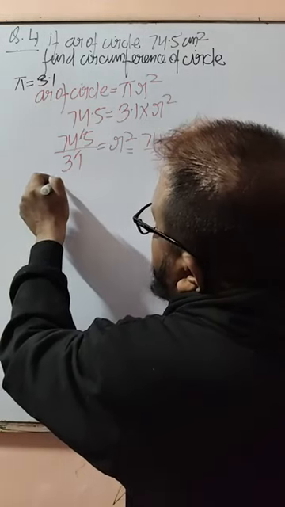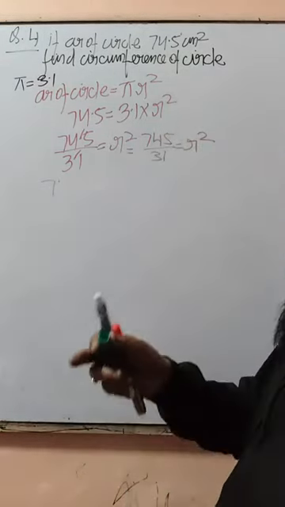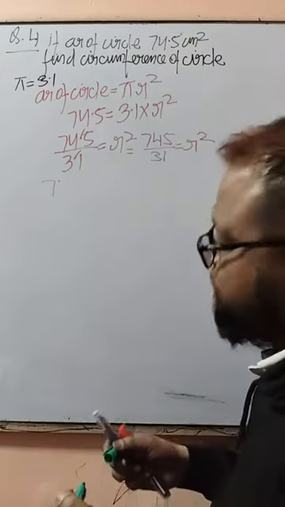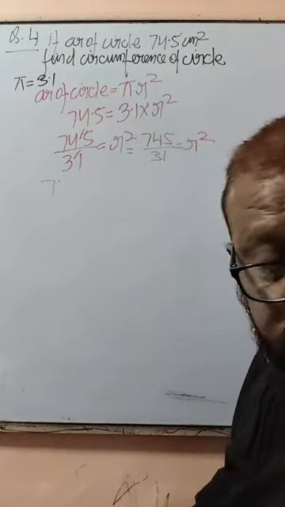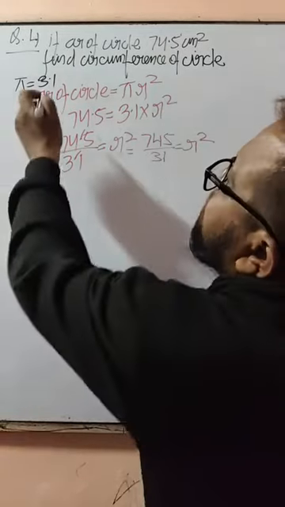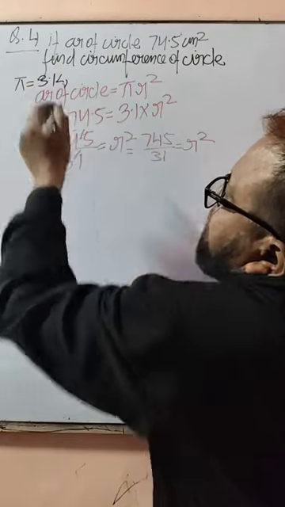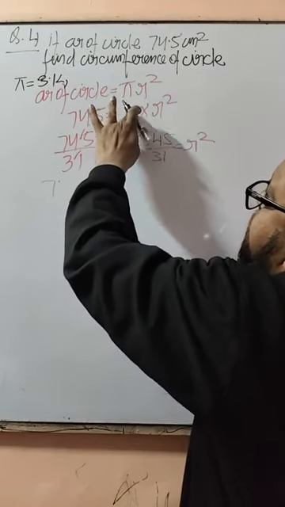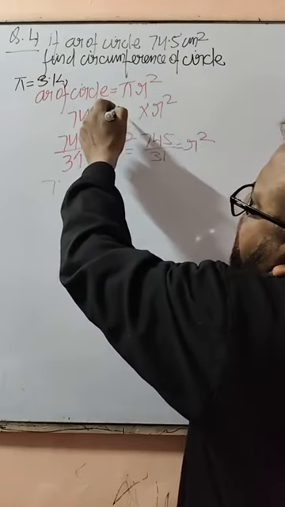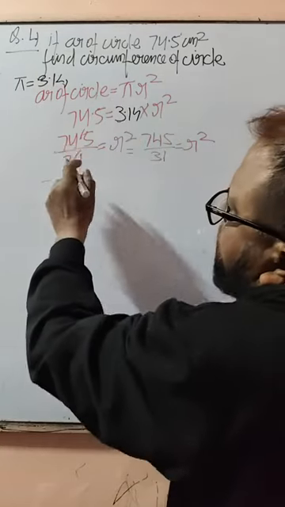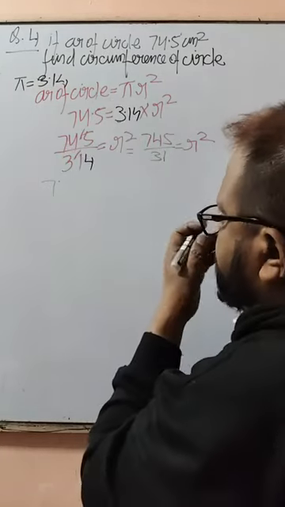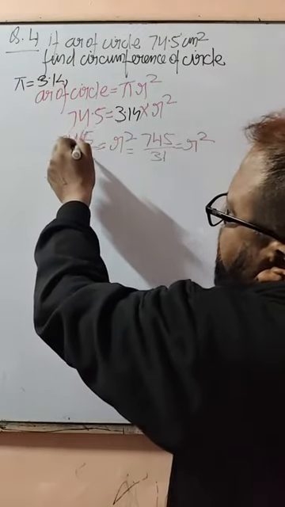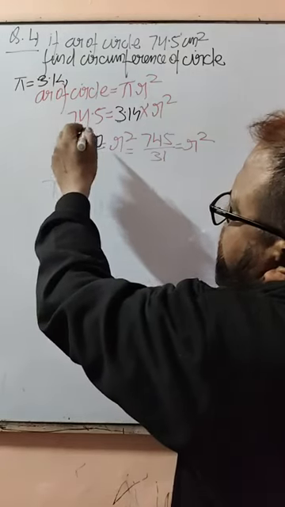Sir, you said 3.14, so we take 3.14. So there is 3.14, and there will be no decimal.